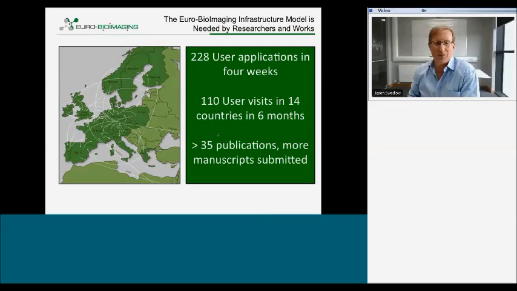EuroBioImaging, during its prep phase, ran several proof of concept projects, and one of them was to test this idea that infrastructures or potential nodes would make available their technology, and then scientists from other sites and even other countries might visit. In this, we were trying to establish the demand for making these capabilities available.